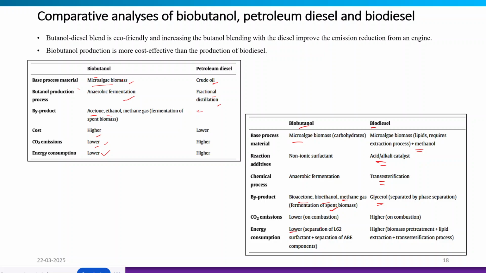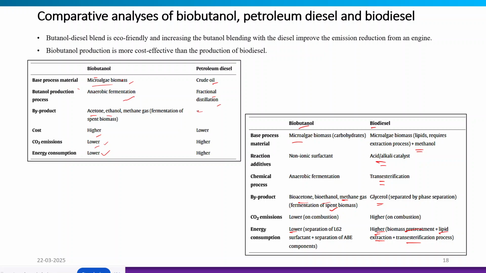Also the energy consumption is lower because of the separation of the surfactant and the separation of the ABE components, acetone, biobutanol, and ethanol. Whereas biodiesel follows the pre-treatment process, lipid extraction process, and transesterification process, so there is overall higher energy consumption in biodiesel compared to biobutanol.